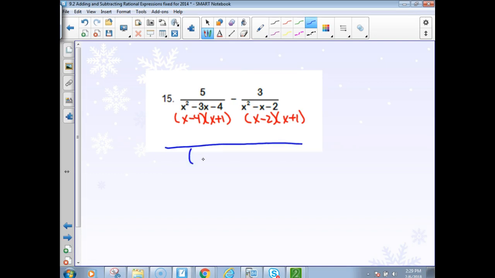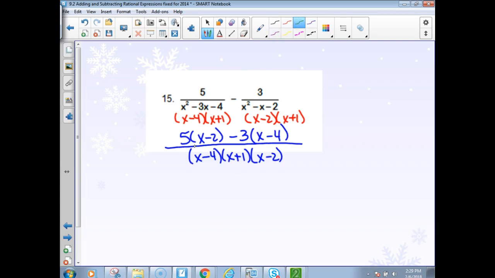Put the denominator on it, which would be x minus 4 times x plus 1 times what's new in the second one, x minus 2. The first fraction doesn't have an x minus 2 in its denominator, so we'll need to do 5 times x minus 2. Minus 3 times, the second fraction doesn't have an x minus 4 in its denominator, so we'll have to multiply that fraction by x minus 4, top and bottom.